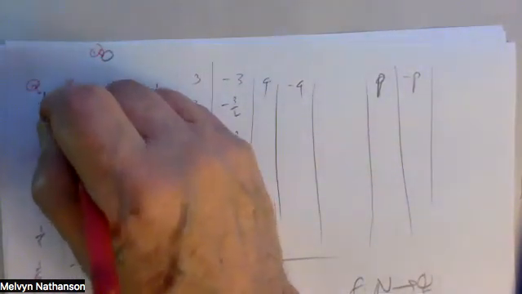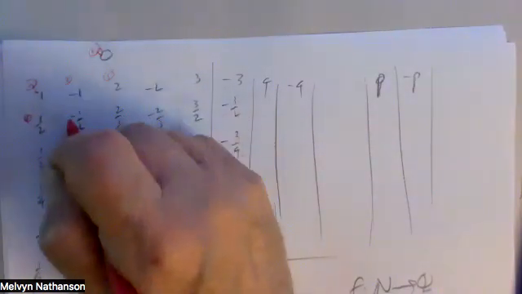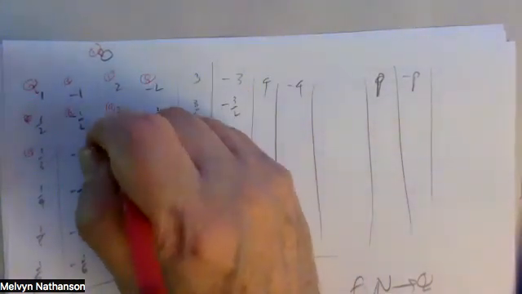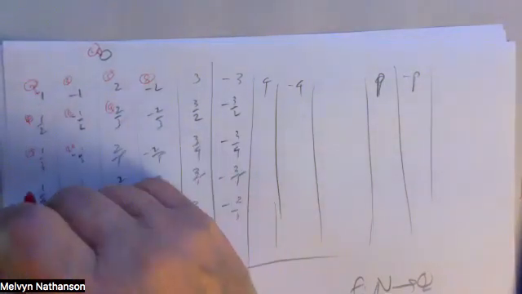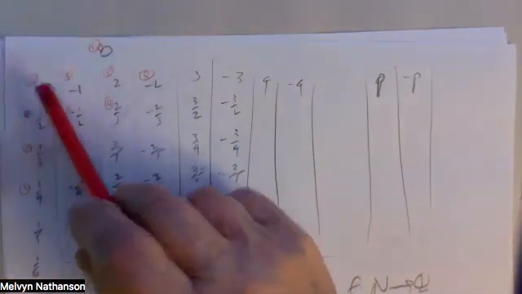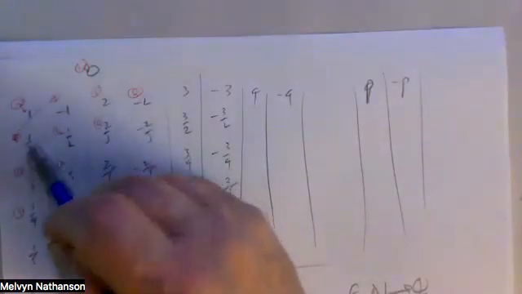So 3 will get sent to this number, and 4 will get sent to this. And then on this diagonal, 5 will get sent to this, 6 here and 7 here. And on this diagonal, 8 gets sent to -2, 9 gets sent to this, and so on. As I go down these diagonals, I can enumerate the fractions: the first, the second, third, fourth. Let me actually emphasize the diagonals.